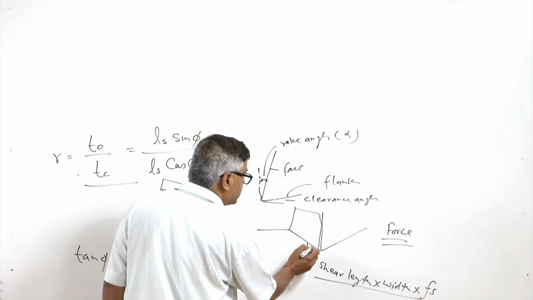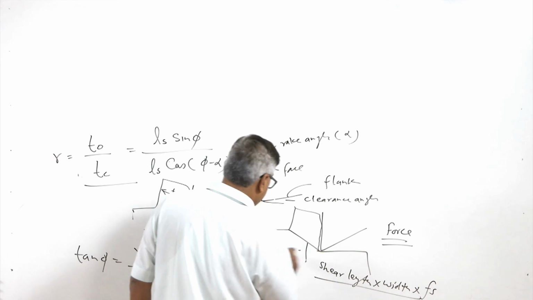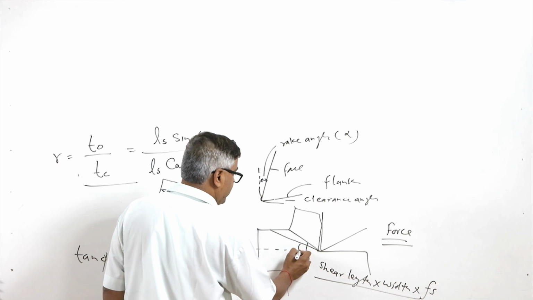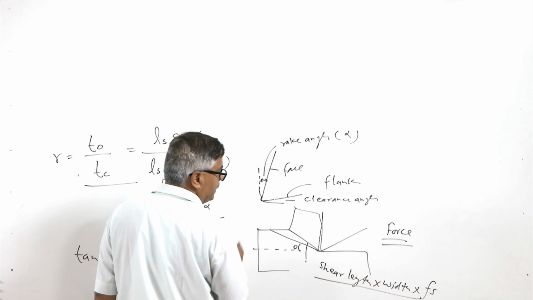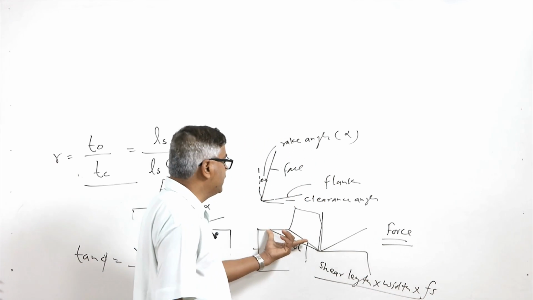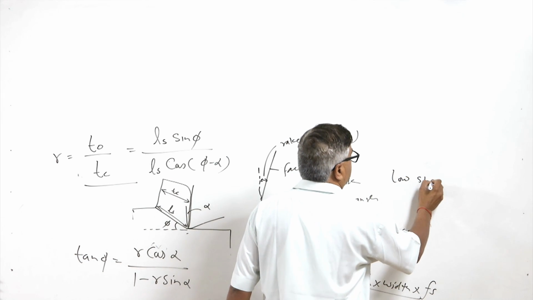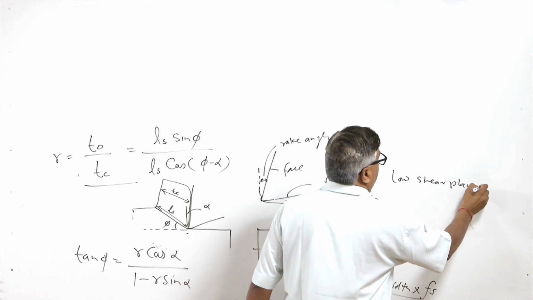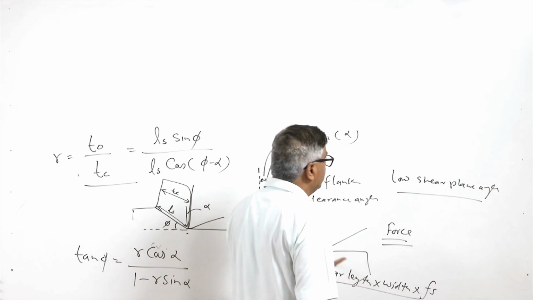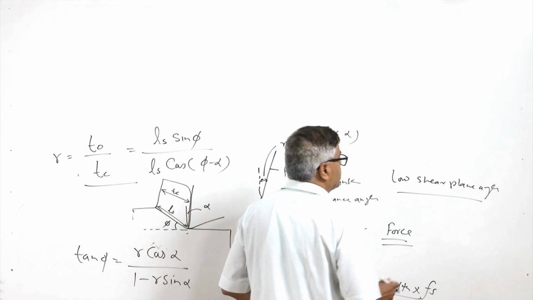So, for a given depth of cut, if the shear plane angle is low, then the shear plane length will increase, which in turn, for a given width and shear strength, will increase the force required. So, a low shear plane angle will result in a greater area to be sheared off, which in turn will increase the shear force which is required.